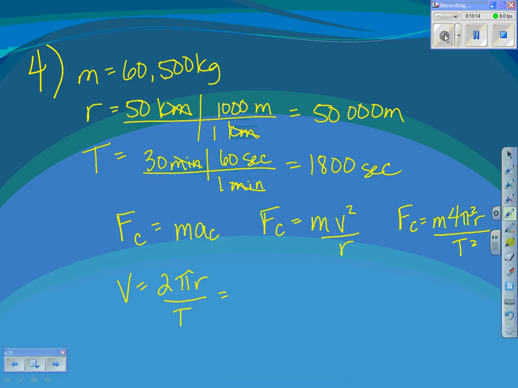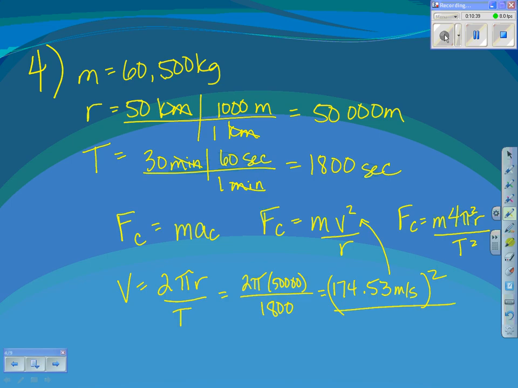So I can solve for that by saying 2 pi times 50,000 divided by my 1800 is going to give me 174.53 meters per second. Then I can go ahead and plug that in up here. So I have to square this and divide by the radius of 50,000.